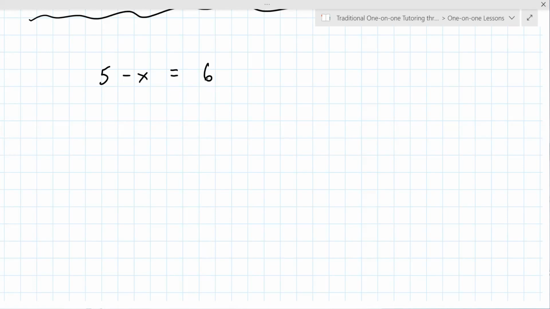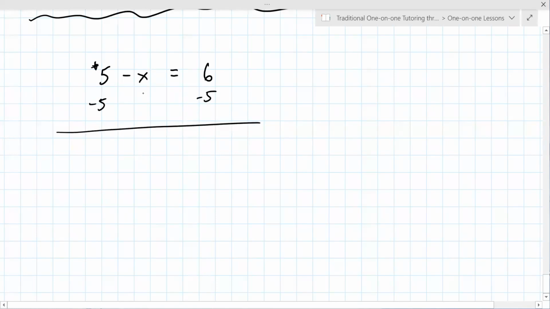Okay, for 5, it's already positive. So how do you undo addition? Subtraction. Subtract 5 from both sides. Yeah, and that equals 1. So it's negative x equals 1. This is really negative 1x. What do you divide both sides by to get x by itself?